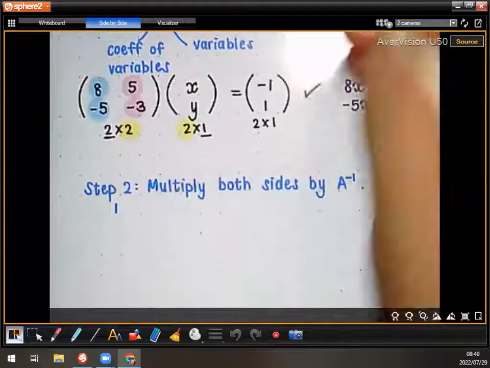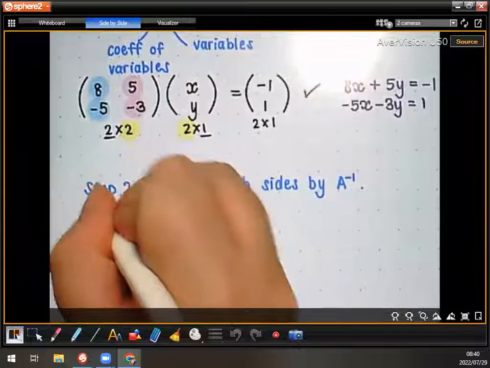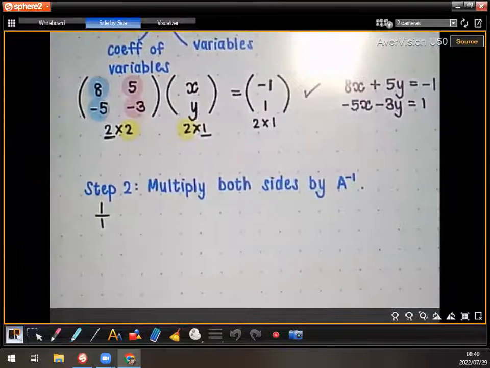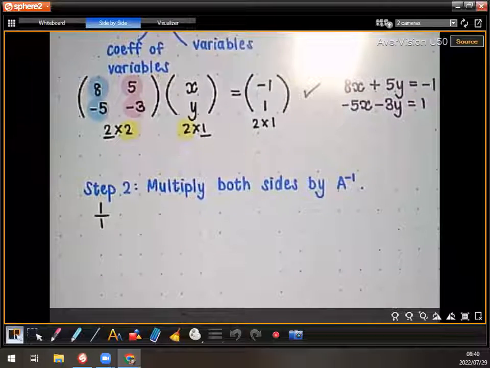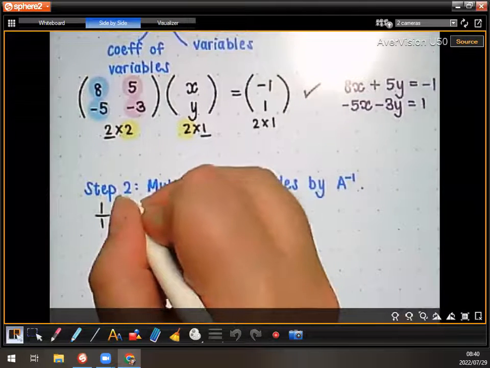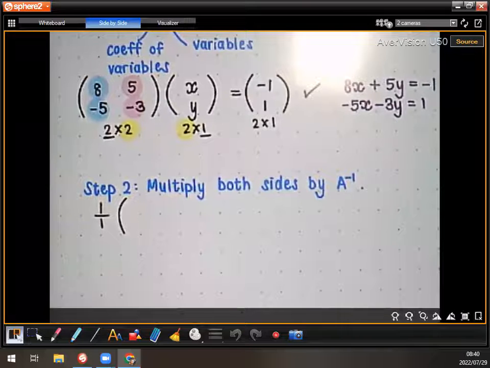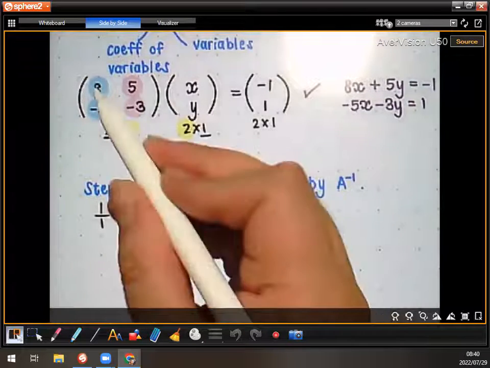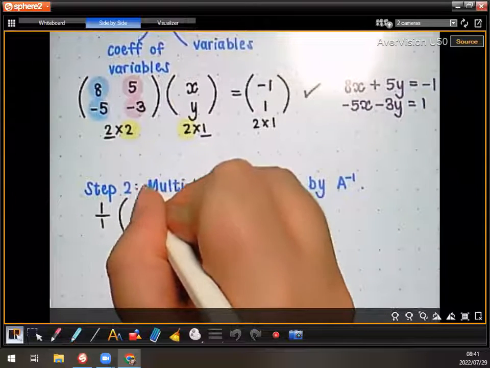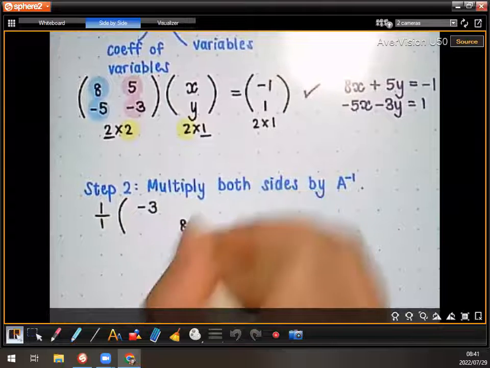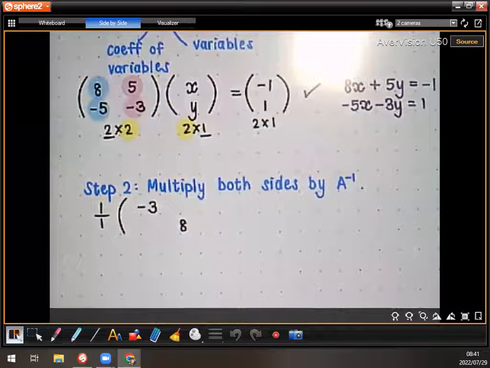So let's just write here 1 over 1. You obviously don't have to write that. I'm just showing you 1 over the determinant. Now we have to do the swap and the change of sign. We're swapping 8 and -3, so this is going to become -3, and I'm going to have my 8 over here.